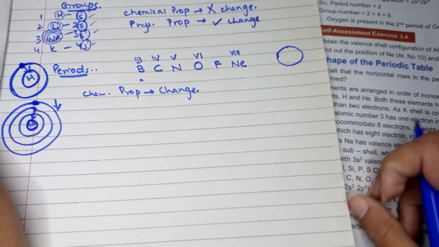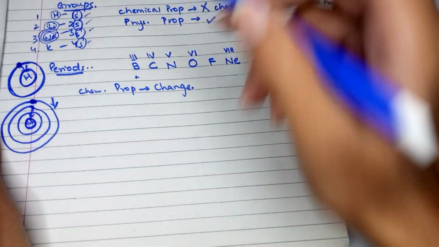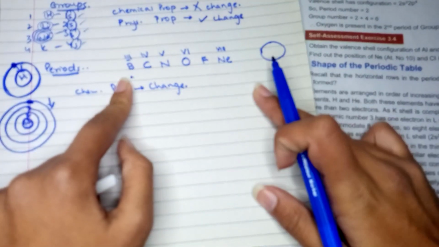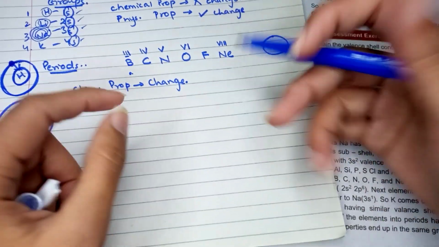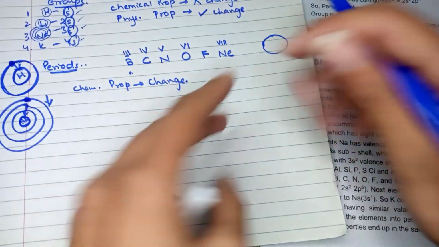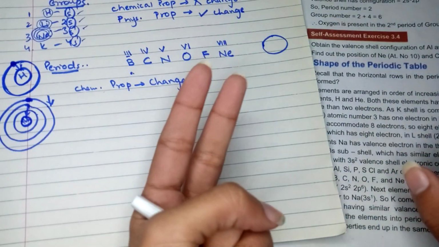But now let us see what happens in the periods. First of all, as we are moving along a period, for example the second period, all the elements would have only two shells.